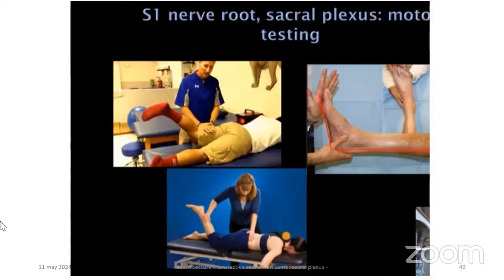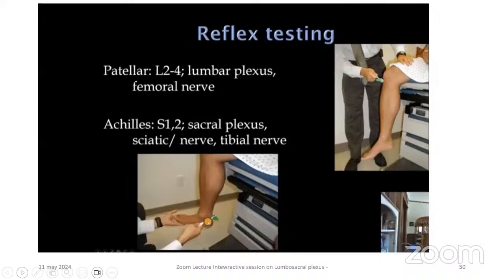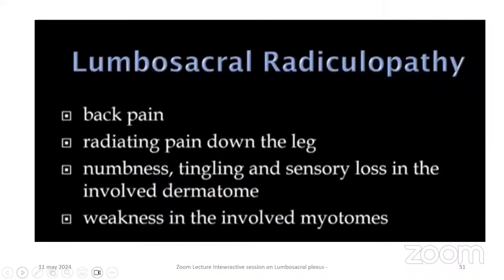These are the important tests which you have to learn to do quickly at the bedside in the OPD. So reflex testing, to reiterate: the patellar is L2-4, lumbar plexus and femoral nerve. The Achilles, the ankle jerk, is S1, 2, the sacral plexus, sciatic nerve and tibial nerve. But the problem is there is no L5 reflex, which you should remember very well.